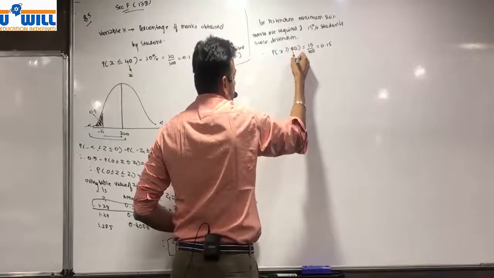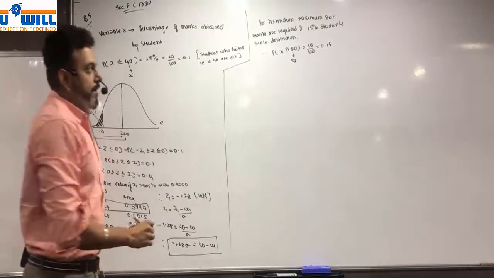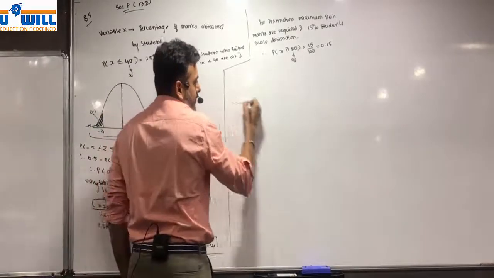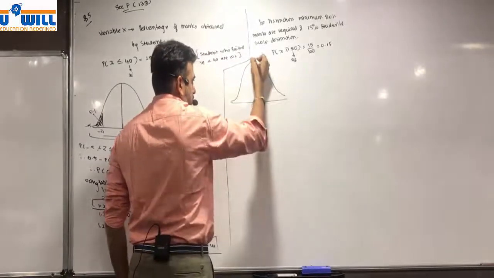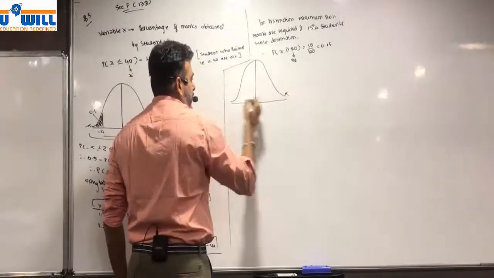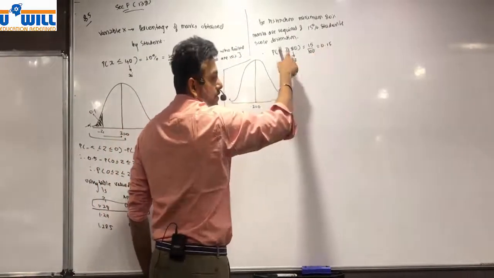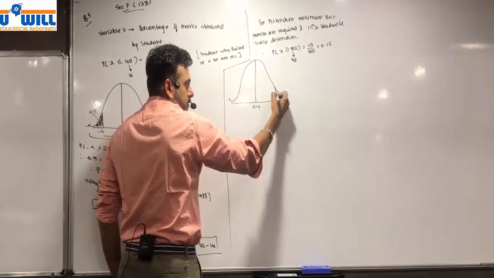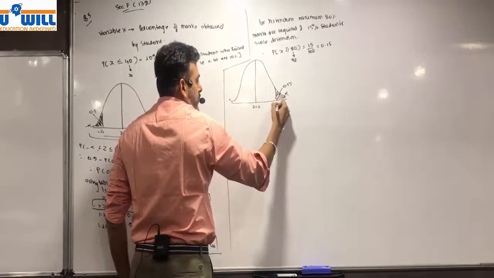This 80 we take as X2. Now, we draw the graph. Z is equal to 0, from minus infinity to infinity. 0.15, shading on the right hand side, somewhere over here. 0.15, Z2.